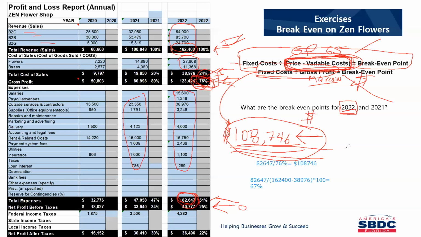But my main goal here is for you to understand the concept, how you get to the number. The concept tells you what's happening, what's driving the numbers, and what's changing. If I wanted to increase or make changes in my business, this is what I need to look at.